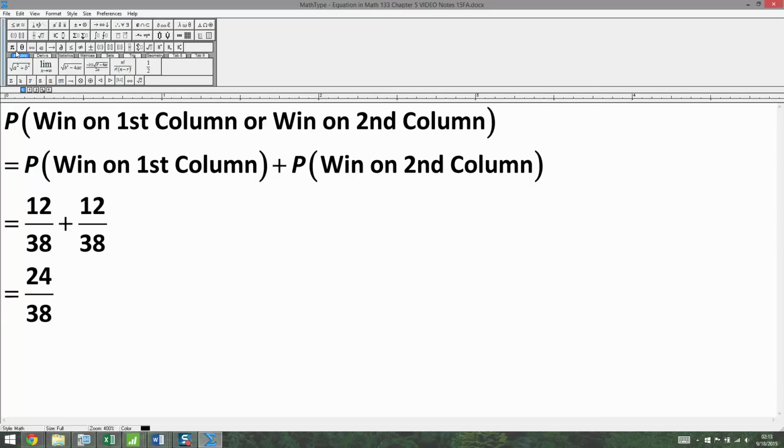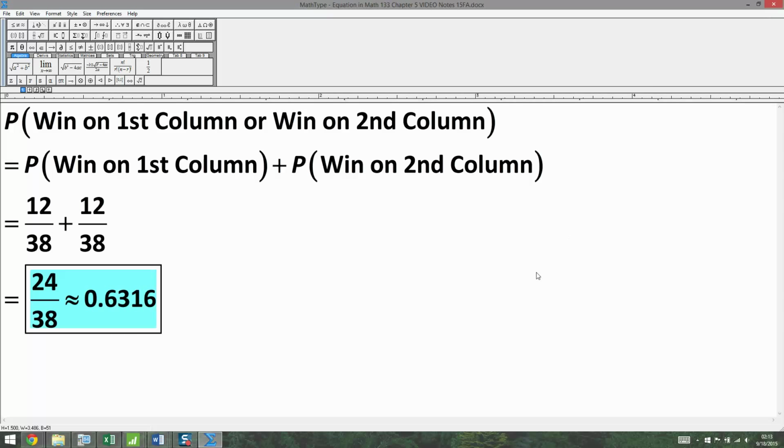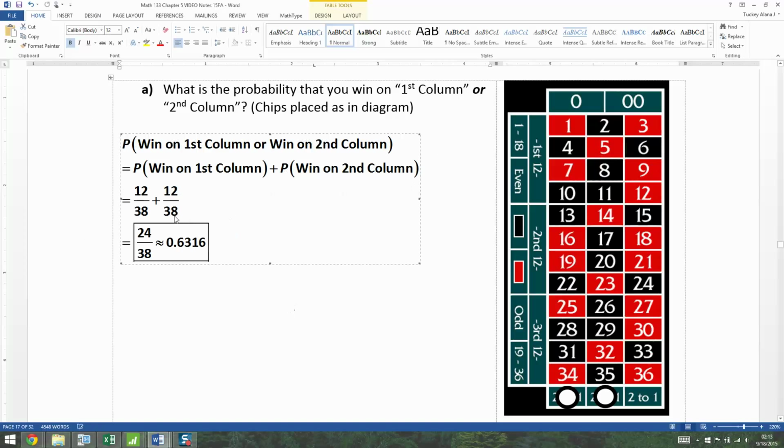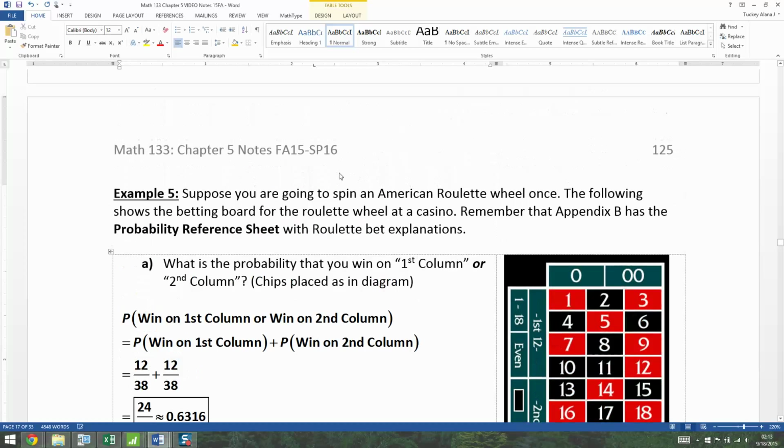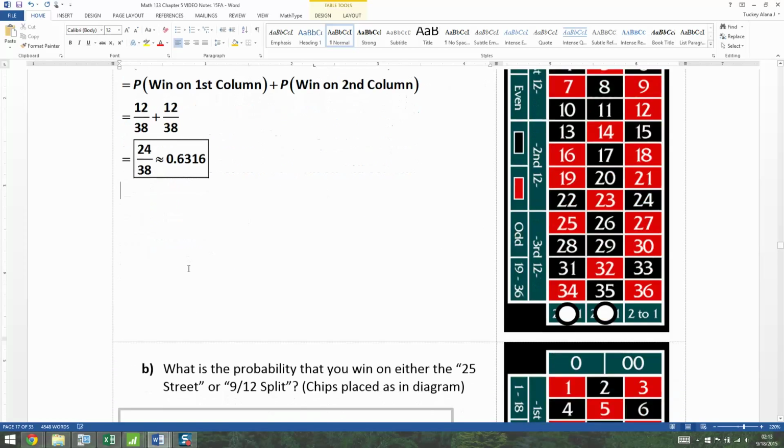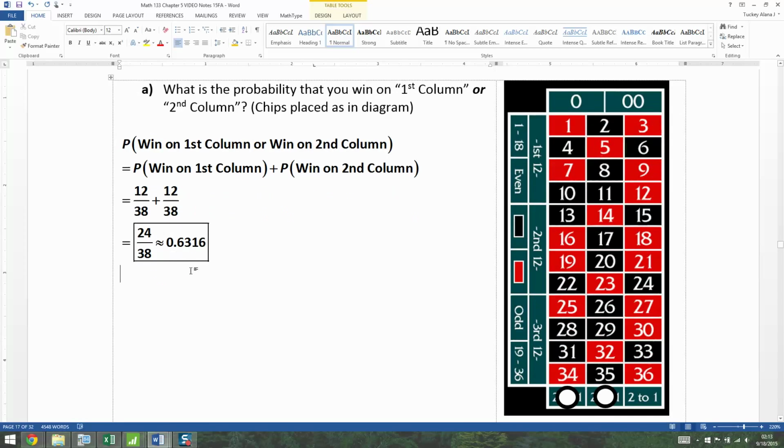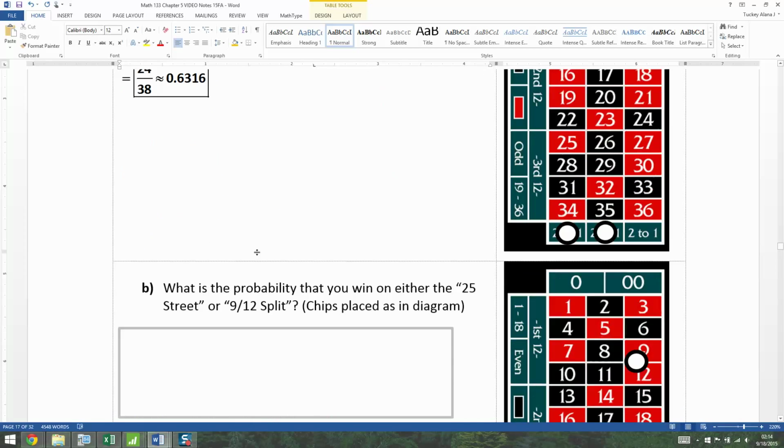I don't remember if we wanted decimals or fractions, so whichever one, there's our answer. Okay, so we found that one. Yep, and I didn't give instructions, so I'm just going to give both fractions and decimals for our own benefit. All right, now we're going to place another bet.